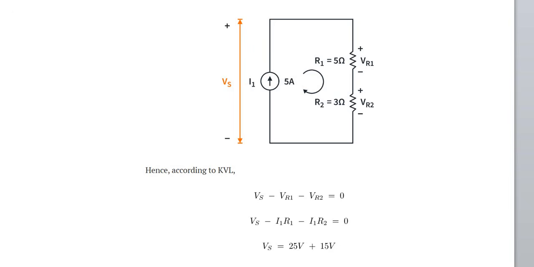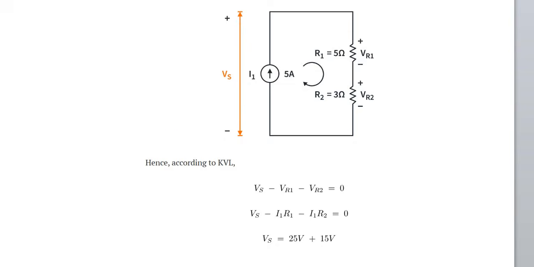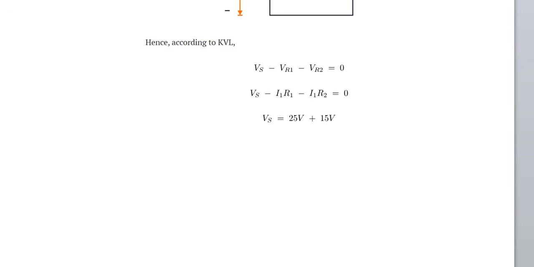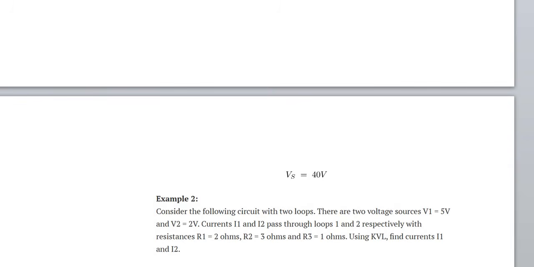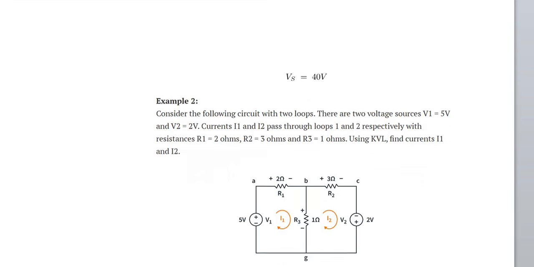So now we are equating VS equal to I1 R1 plus I1 R2, that is 5 ohm into 5 ampere is VR1, and 5 ampere into 3 ohm is VR2, that is 15 volts. So VS is equal to 25 volts plus 15 volts. So totally VS is equal to 40 volts.